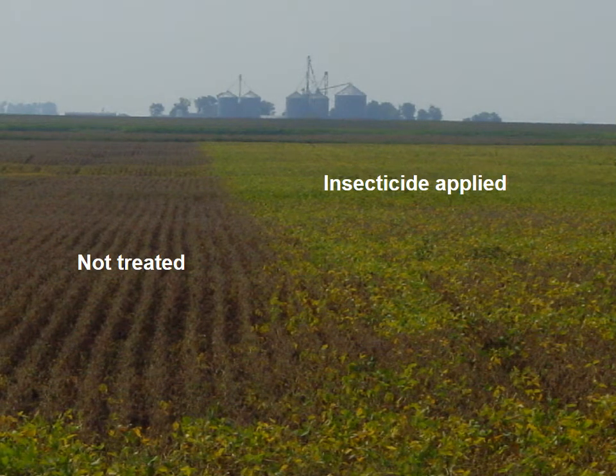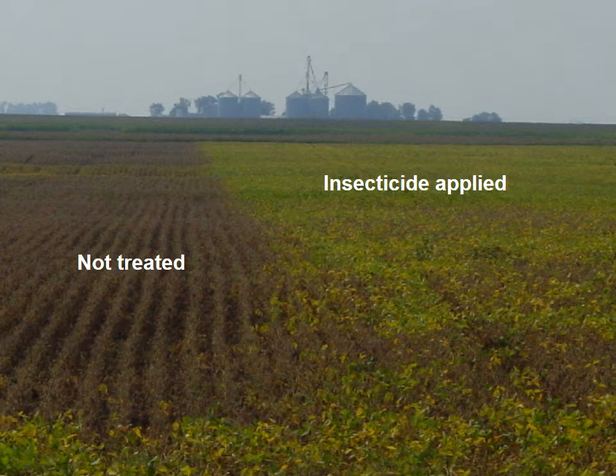This is an example of a trial that was done. I think this picture is taken in central Illinois, and on the left is a non-treated soybean aphid infested patch. On the right of your screen here is an insecticide applied soybean aphid infested patch, and you can see the severe defoliation and severe challenges that this created.